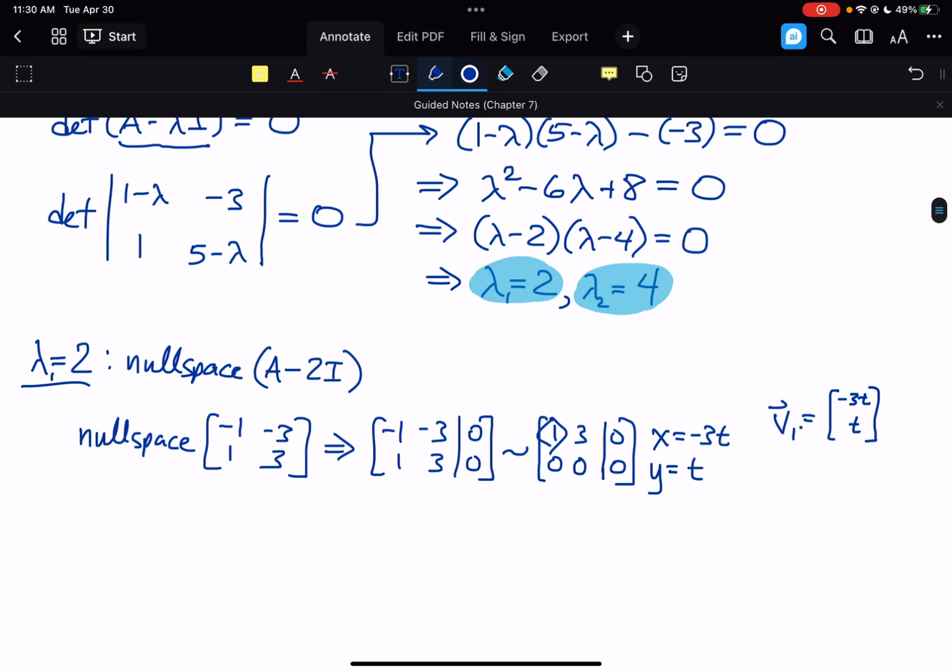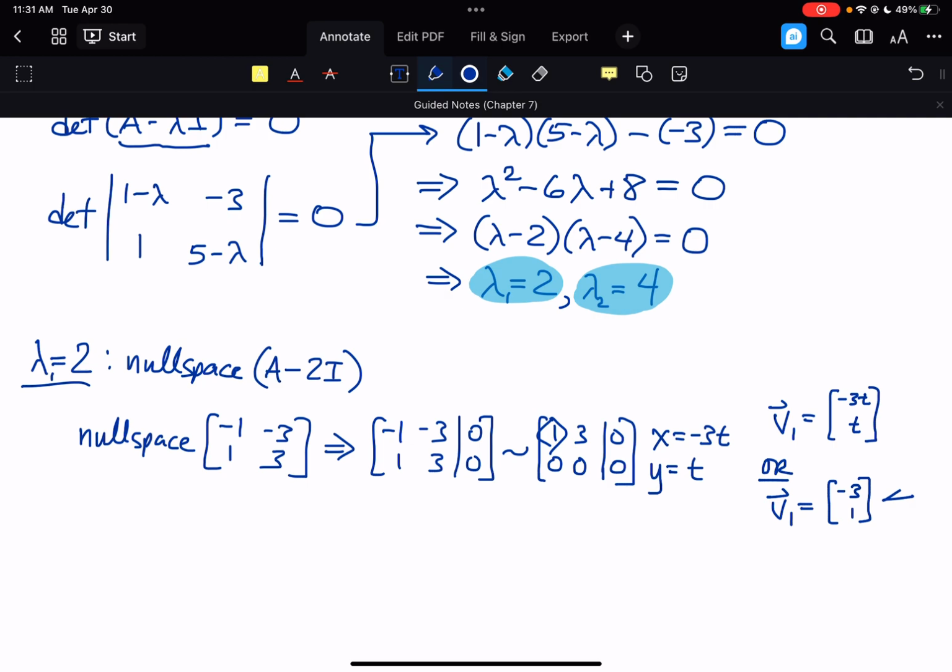A lot of times with these eigenvectors, the free variable is there, but oftentimes with the eigenvectors, we understand that the free variable is there and that it's any vector of this form. So a lot of times you will see these written without the free variables in them. So both of these represent the same thing.